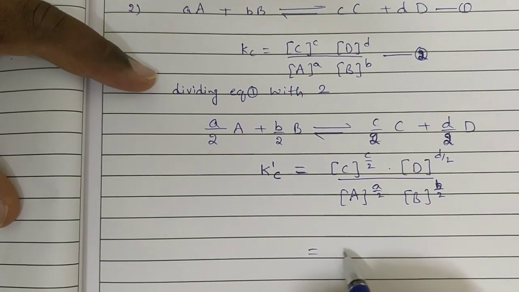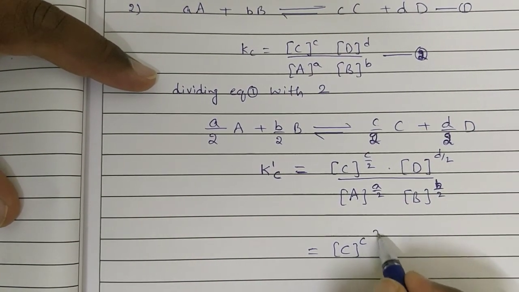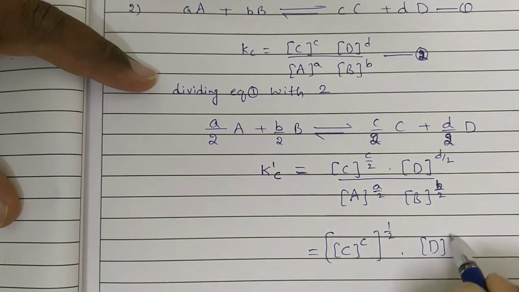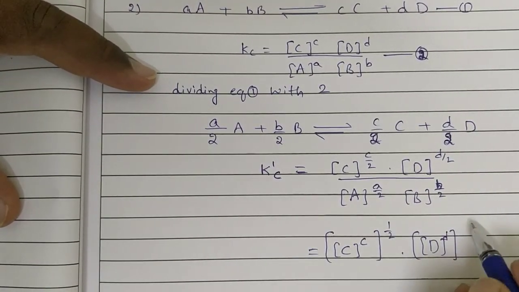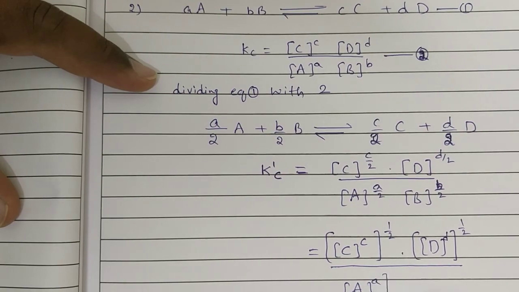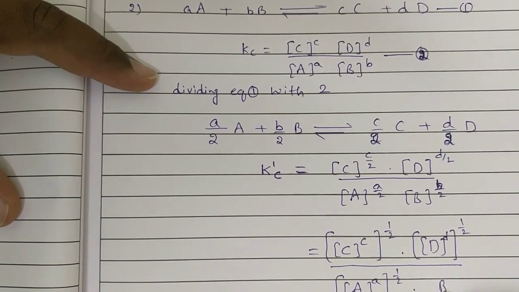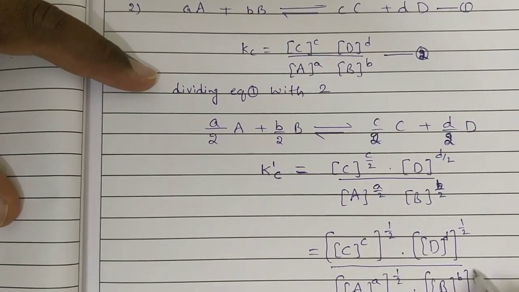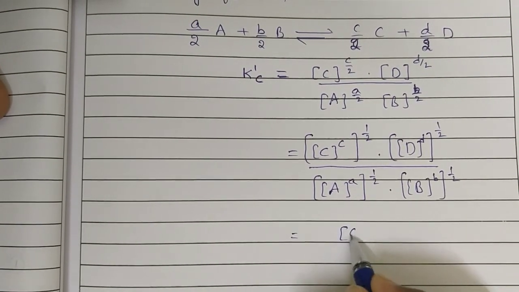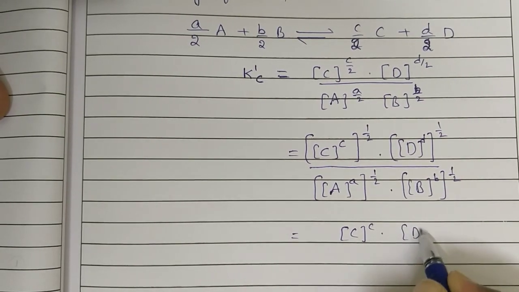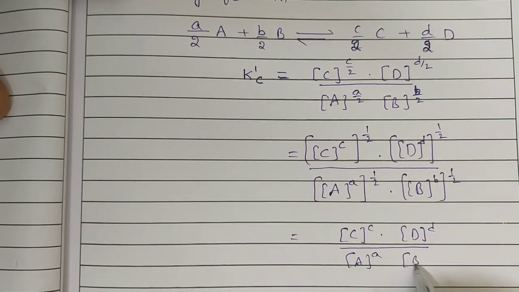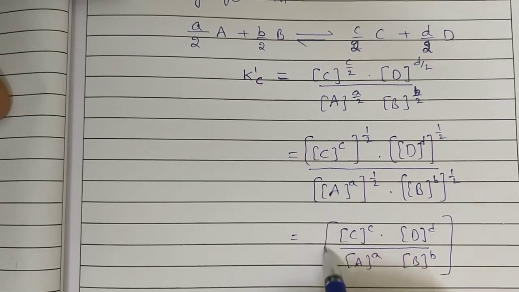This one I am going to write as concentration of C power c whole power 1 by 2 into concentration of D power d whole power 1 by 2 divided by concentration of A power a whole power 1 by 2 into concentration of B power b whole power 1 by 2, is equal to concentration of C power c into concentration of D power d divided by concentration of A power a into concentration of B power b, whole power 1 by 2.